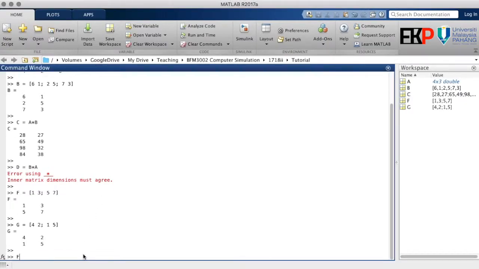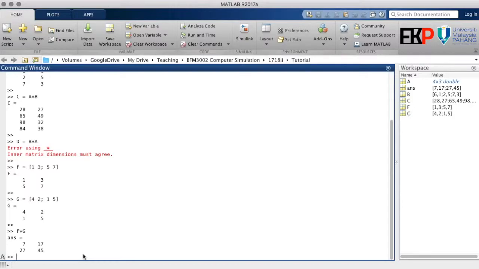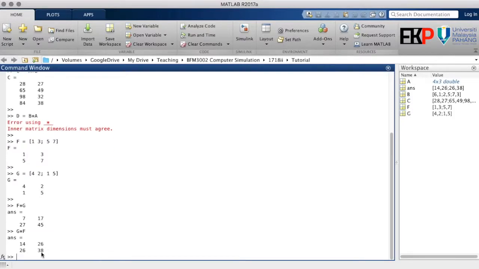Now if we do F times G, we will get this answer. This is a 2 by 2 multiplied with 2 by 2. And because this is a square matrix, we can also do G times F, which will not result in an error because the inner dimension of these matrices agree.